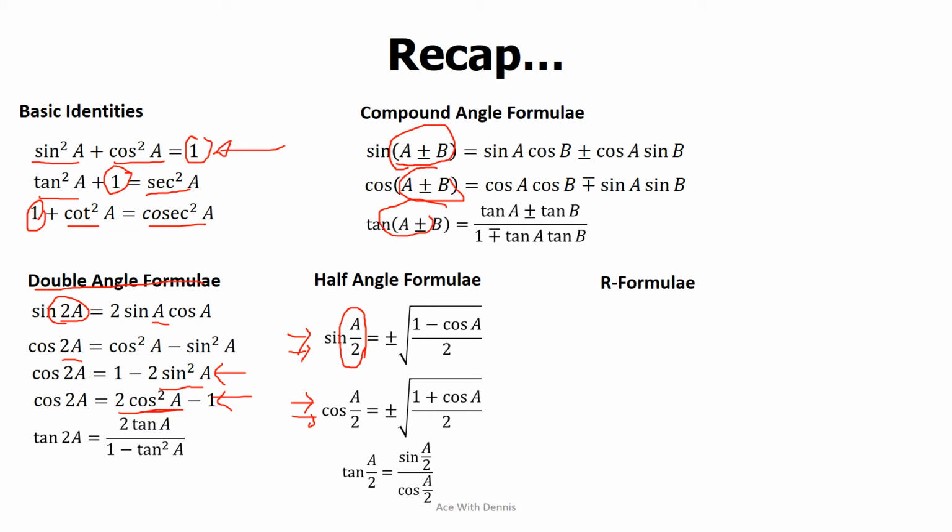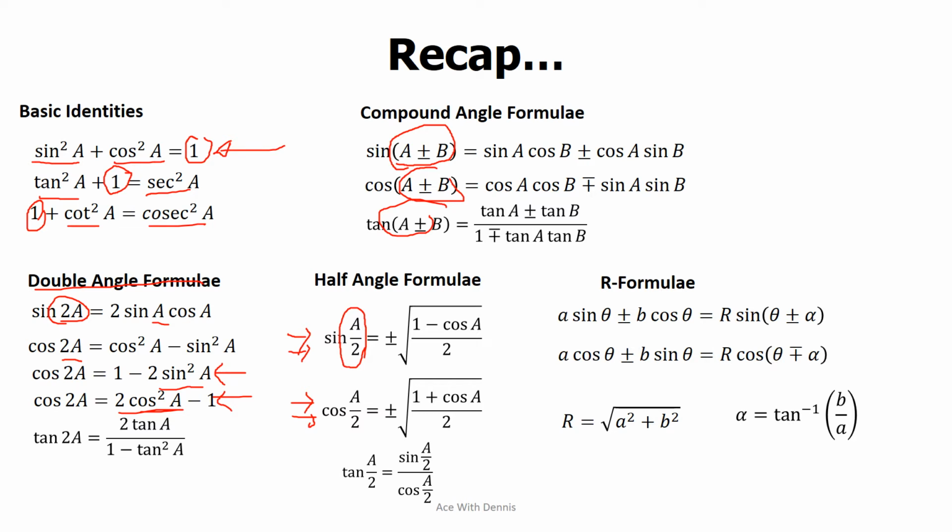The last formula you need to know is the R-formula. One thing you need to take note of is that the R-formula is not in the formula list. The first one is A sine theta plus minus B cosine theta equals R sine theta plus minus alpha. And A cosine theta plus B sine theta equals R cosine theta minus plus alpha.